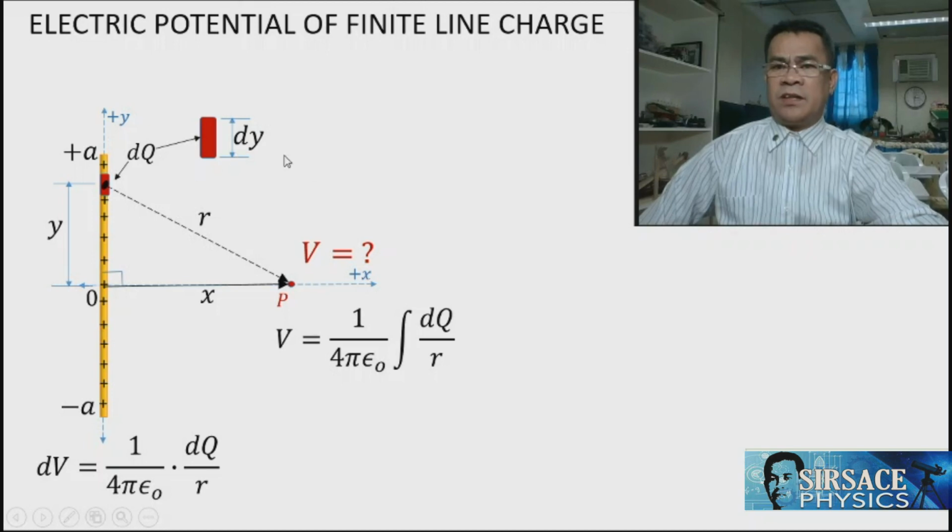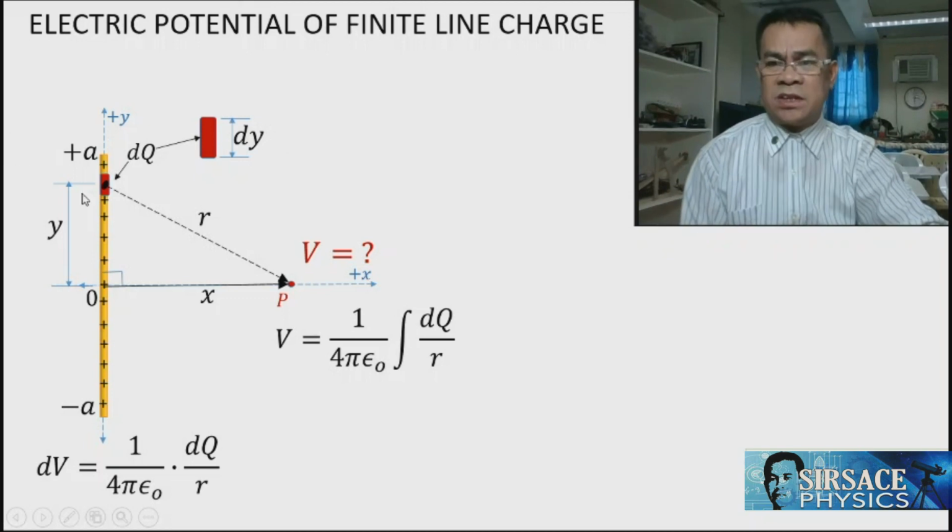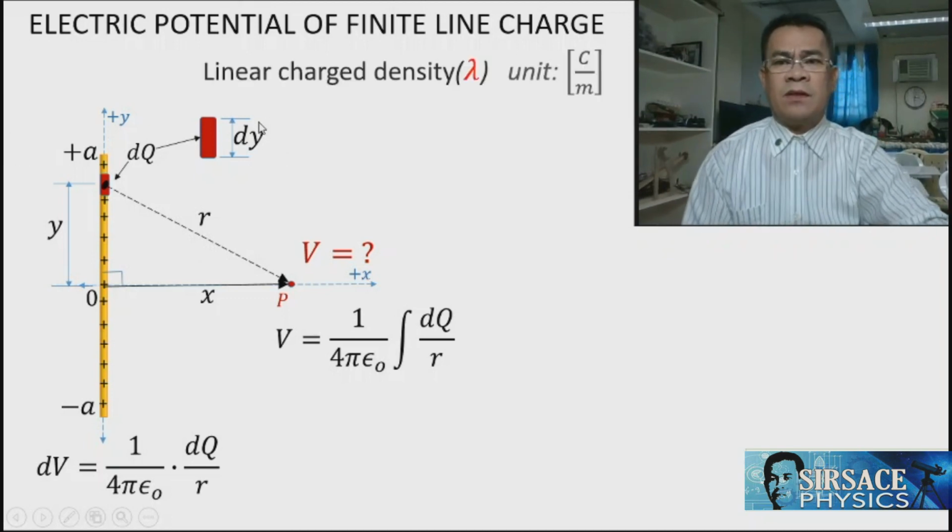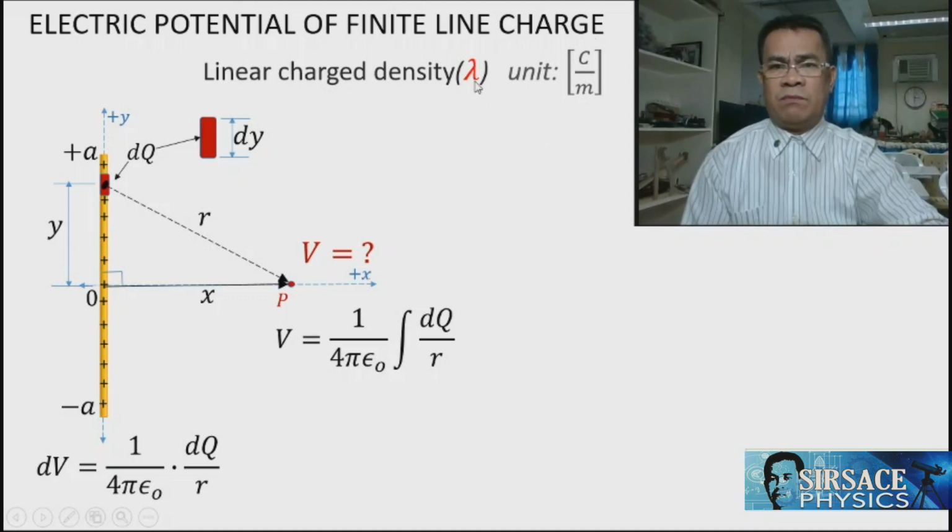So dq can now be expressed in terms of the linear charge density, because this is a line. The linear charge density lambda has a unit of coulomb per meter, meaning lambda is the charge per length. For every meter, we have the value of the charge.